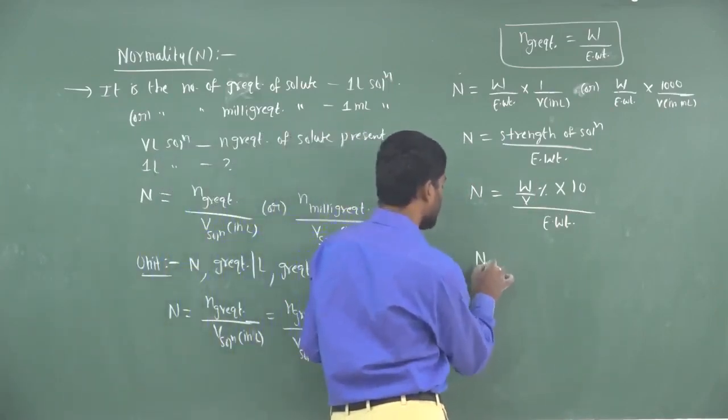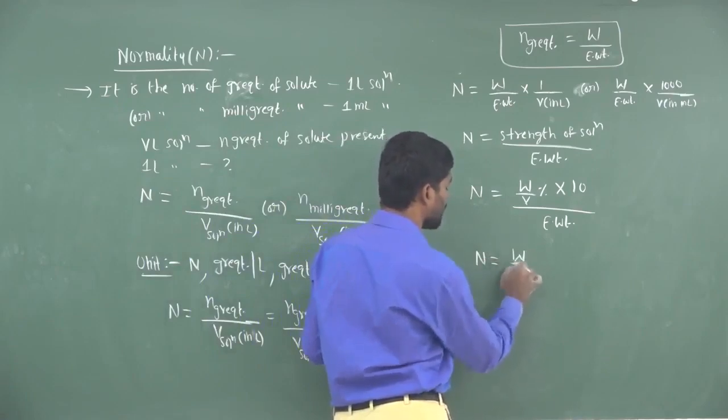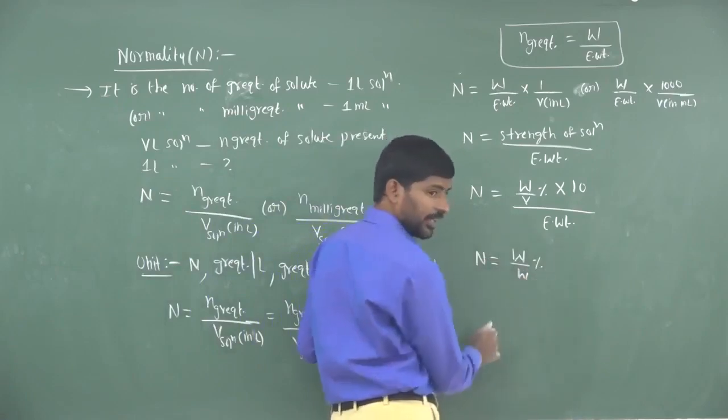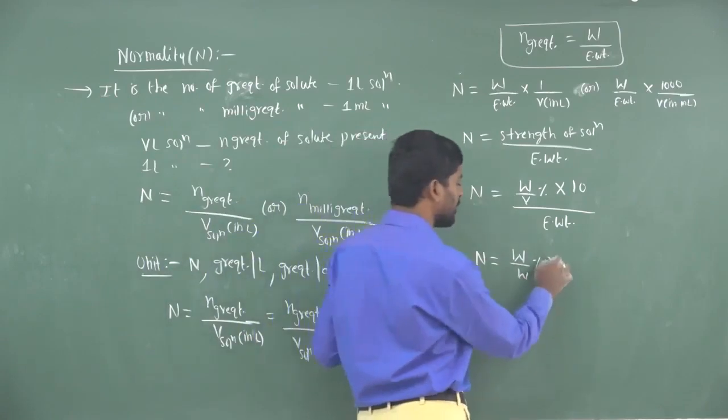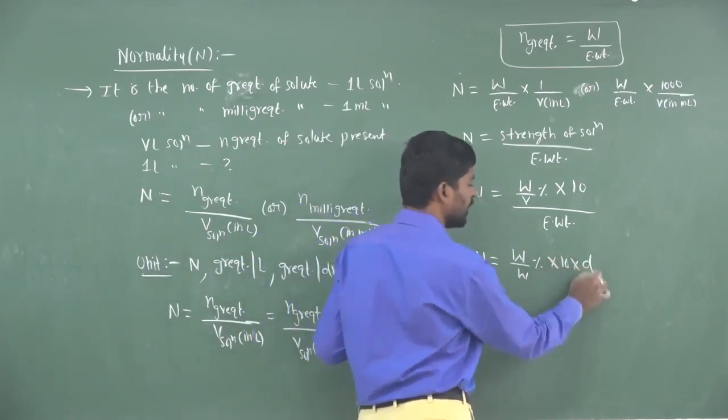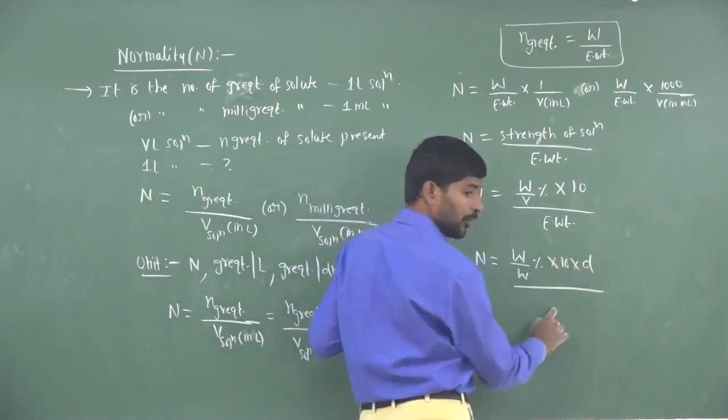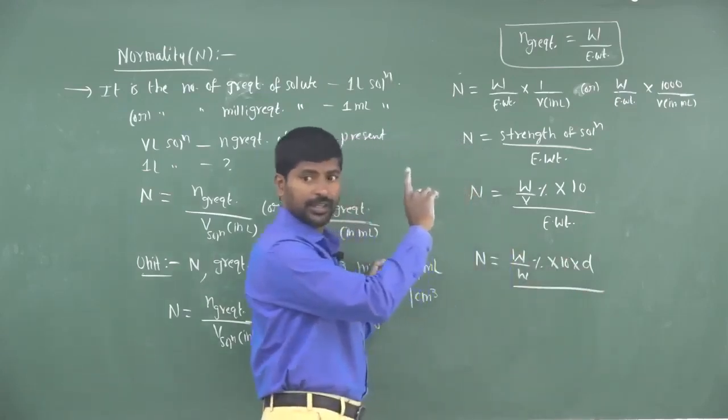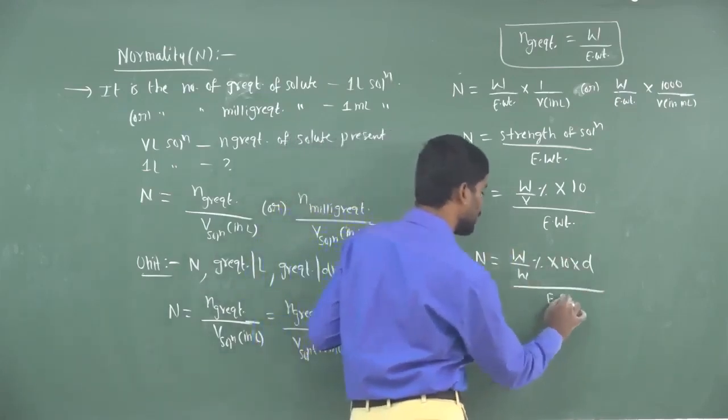Similarly, if you convert into weight by weight percentage, what do we get in the case of molarity? Weight by weight percentage into 10 into density by molecular weight. In the case of normality, here we get equivalent weight.